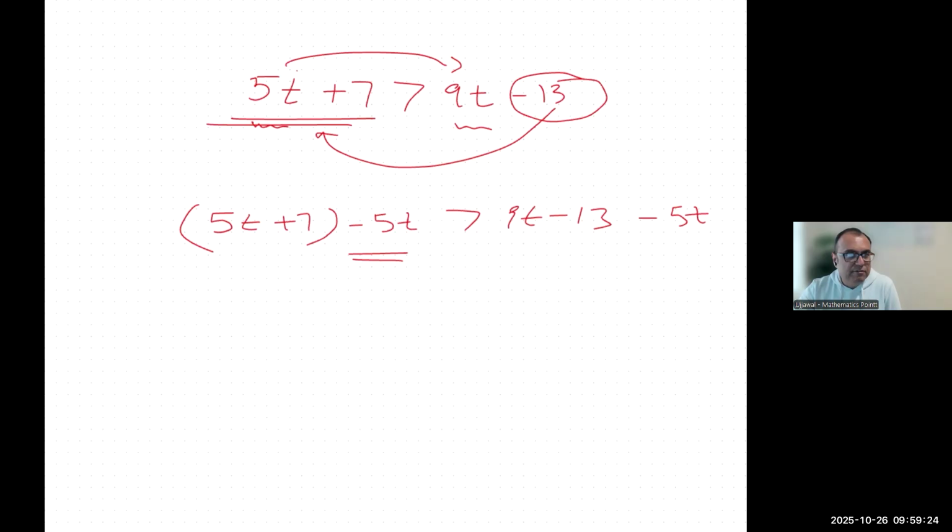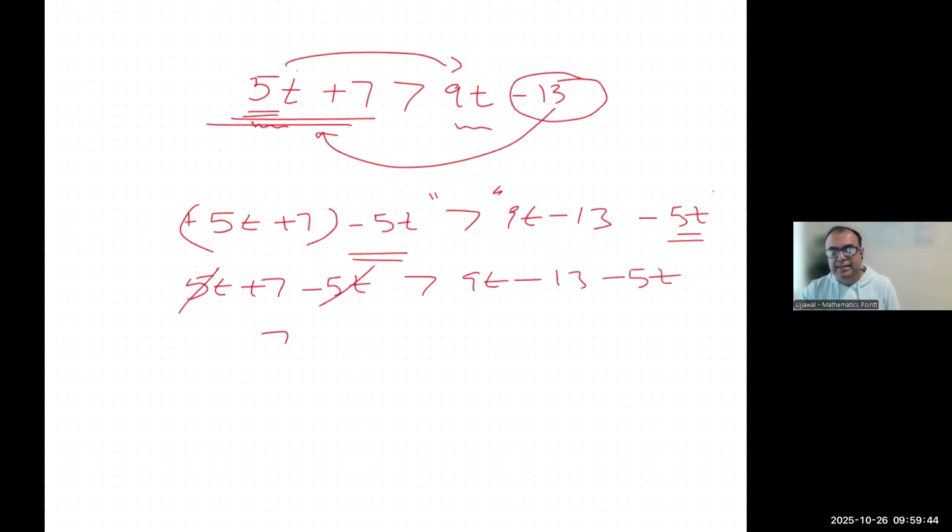So now this 5t was a positive 5t, becomes a negative 5t. This is not impacted. I open the brackets up. I have 5t plus 7 minus 5t and 9t minus 13 minus 5t. So 5t is gone. You've got 7 is greater than 9t minus 5t is 4t, take away 13.